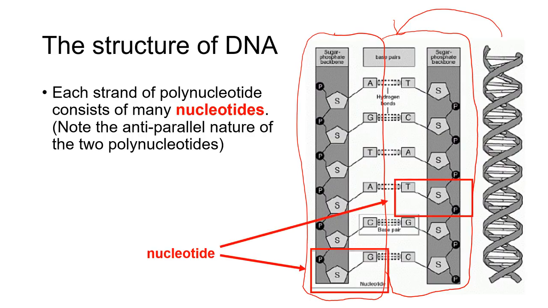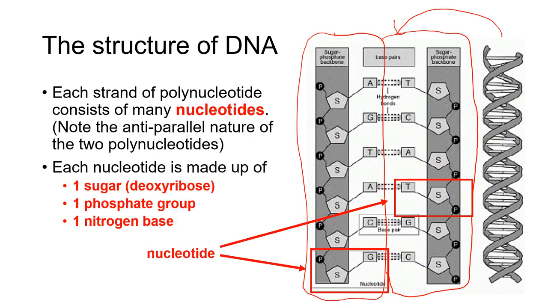Now, the reason why it's called polynucleotide is because it's made up of many nucleotides. This nucleotide consists of one sugar, which is a deoxyribose molecule, highlighted as the pentagon with the letter S, one phosphate group, which is the circle with a P, and one very unique nitrogen containing base, or nitrogen base.